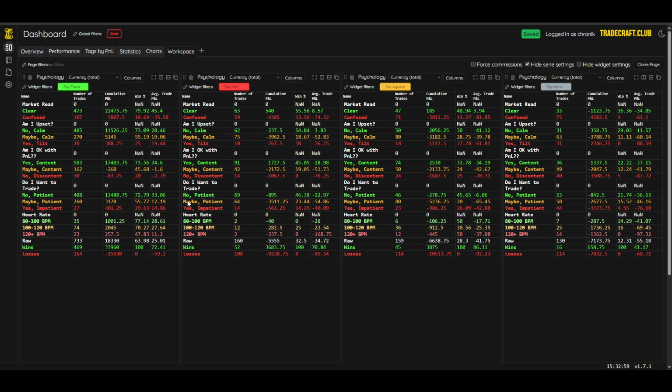What's interesting is, when we look at this statistic, here's the problem on some of those, because this is the MAE MFE ratio. The reason those have such bad loss rates is they just go against you a lot. Yeah, there's something going on.